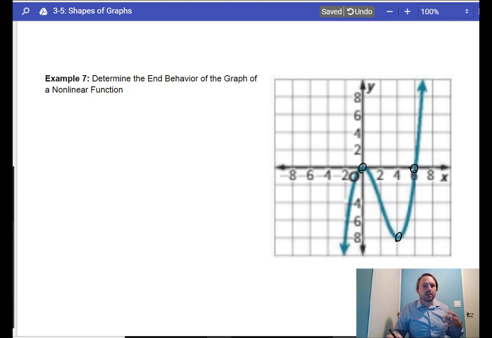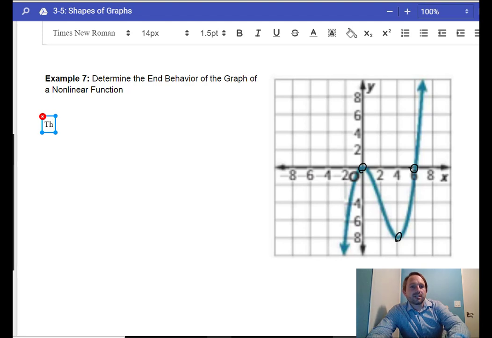The zeros are like the x and y intercepts. Then we figure out at what point the end behavior starts. Looking at this, there's the origin right here. It doesn't touch anything else, but it's going to be going down. At this point, we have the other x-intercept. At this x-intercept, it's going to increase.